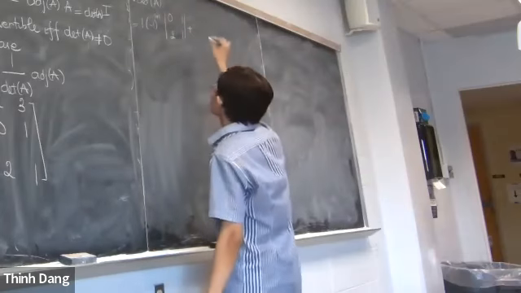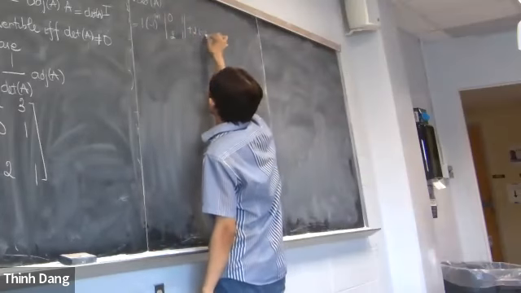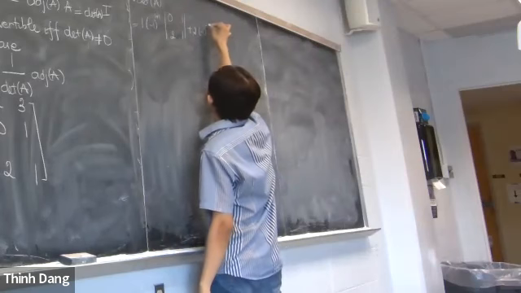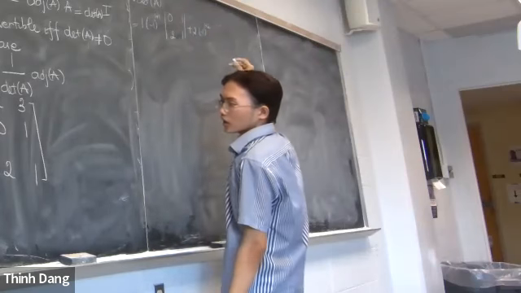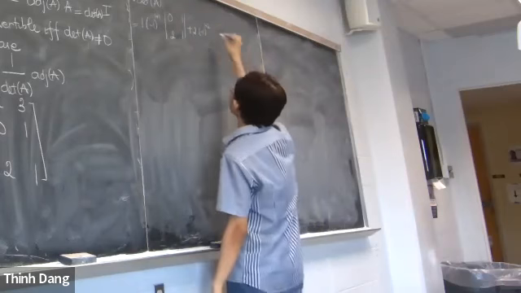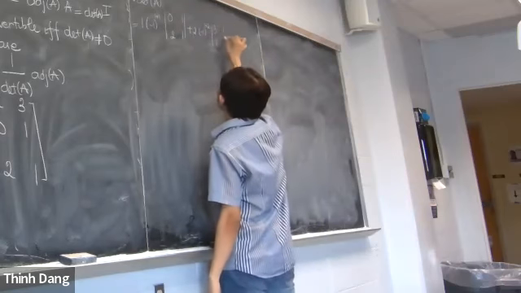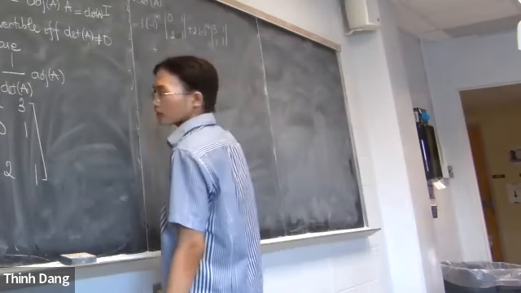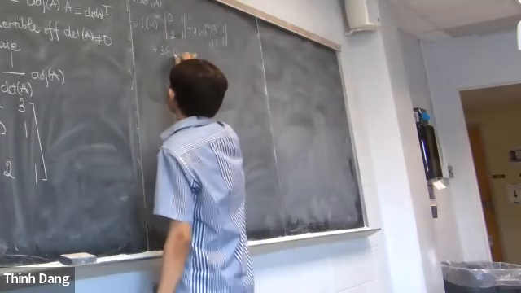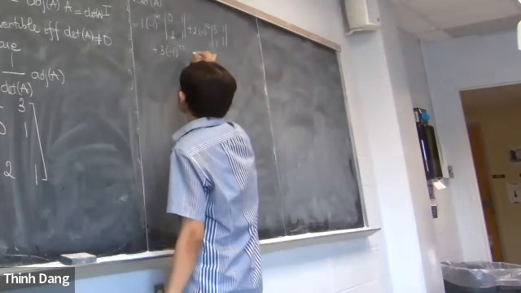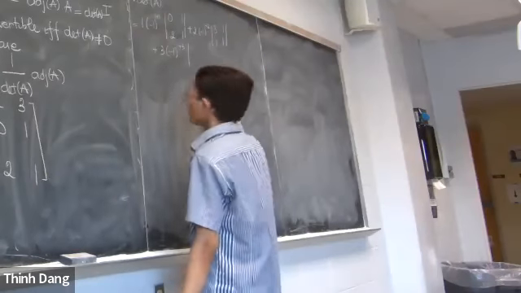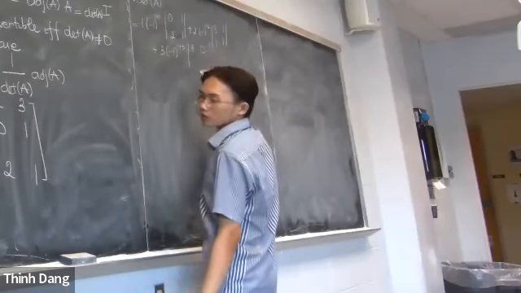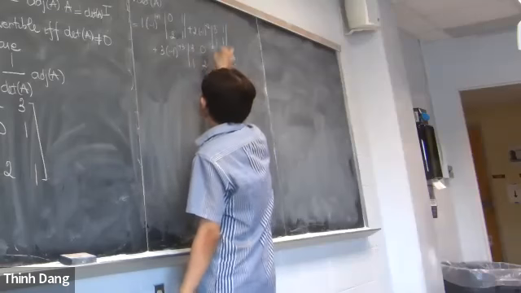Then plus 2 multiplied by -1 to the power of 1 plus 2, multiplied by the determinant of the matrix 3, 1, 1, 1. And last but not least, plus 3 multiplied by -1 to the power of 1 plus 3, multiplied by the determinant of the matrix 3, 0, 1, 2.